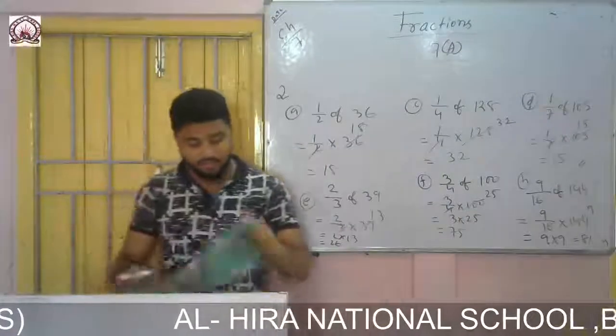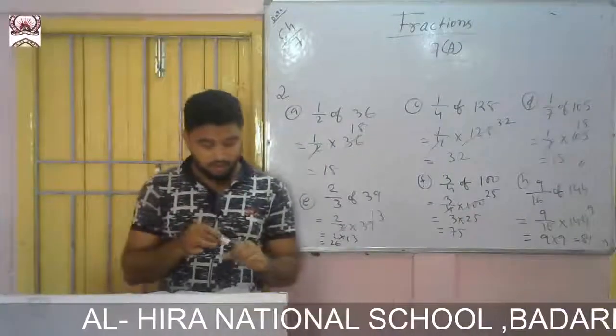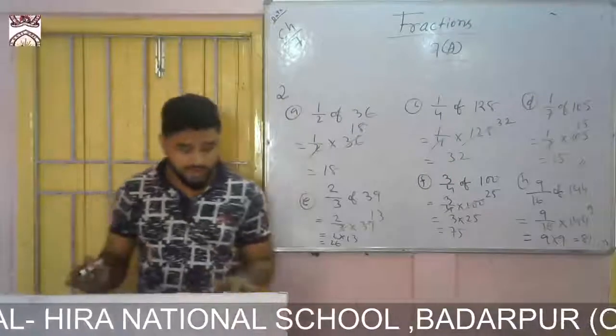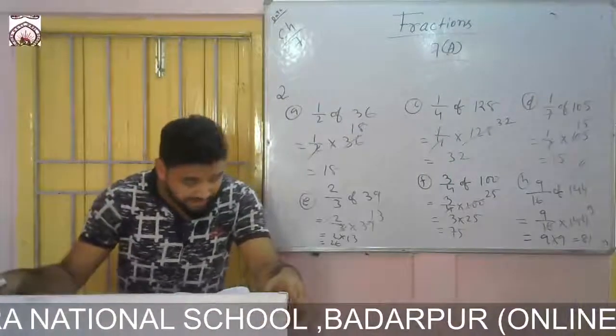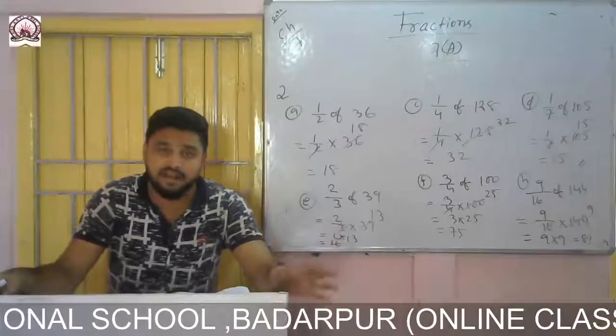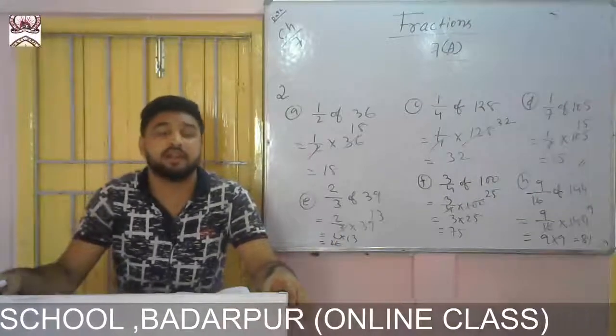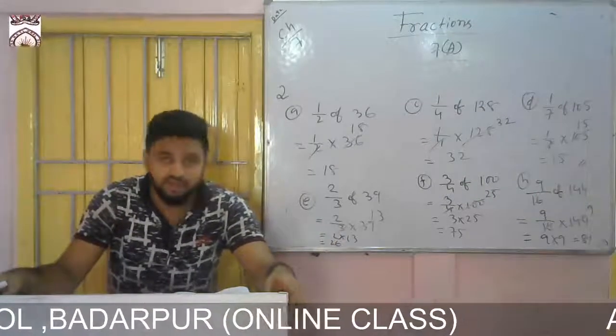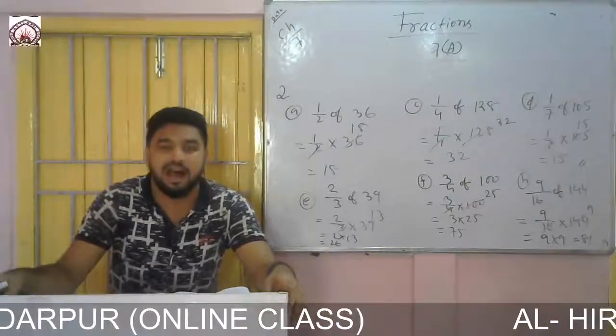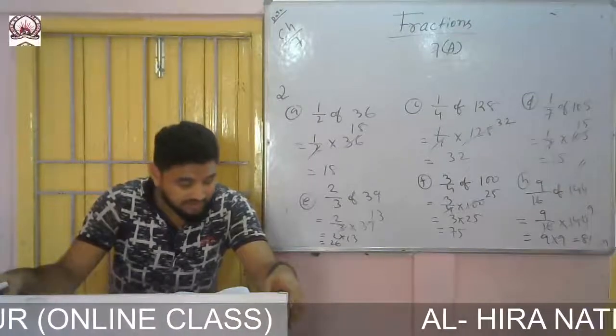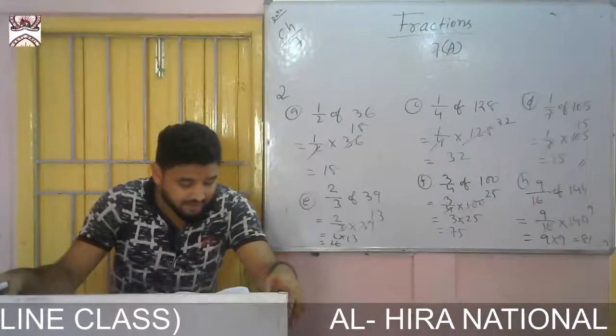So this is the solution of question number 2. Now come to 3. Choose and write the like fractions. So as I discussed earlier, the fractions with the same denominator are called like fractions. So 3 by 7, 8 by 9, 4 by 7, 3 by 11.